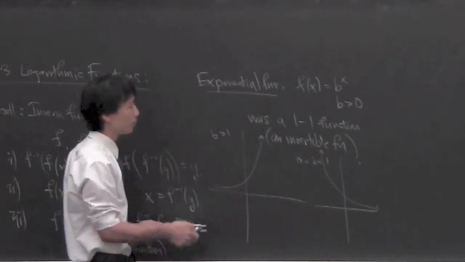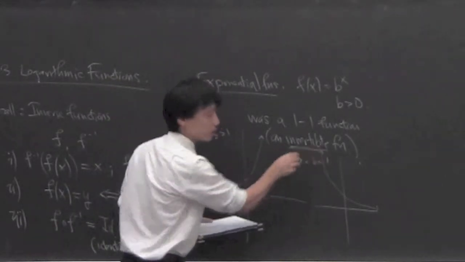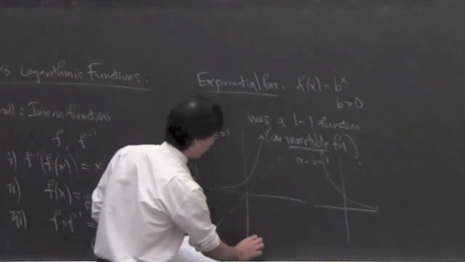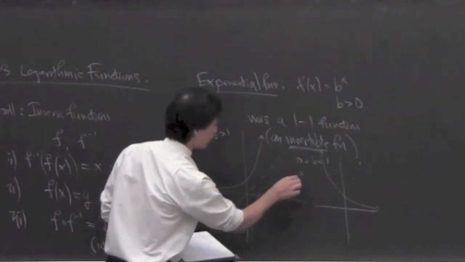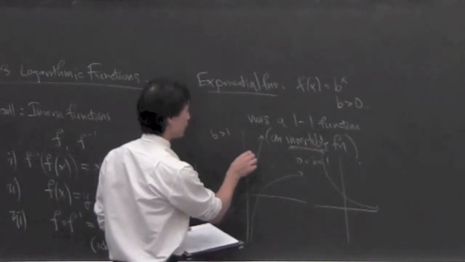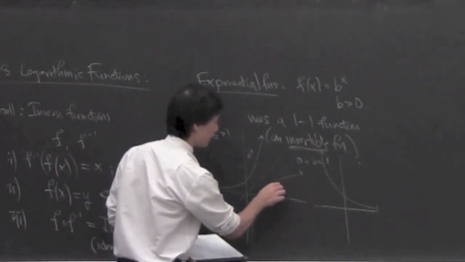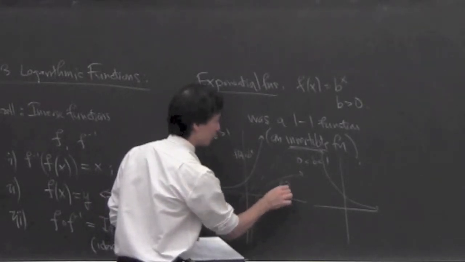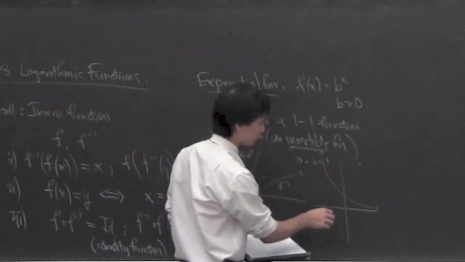So in either case, the function was invertible. And we can see that by flipping it across. If this was b to the x, this guy was f inverse.